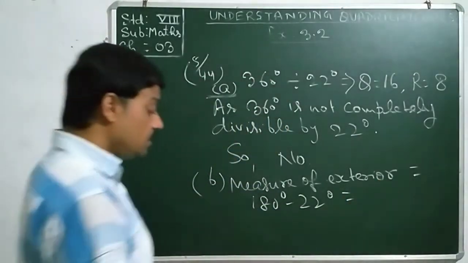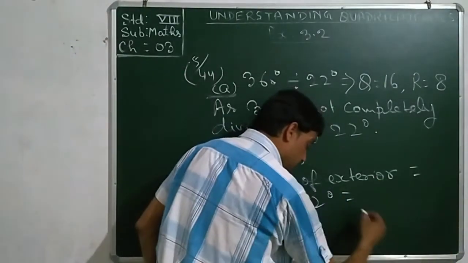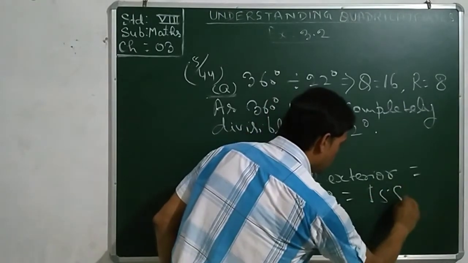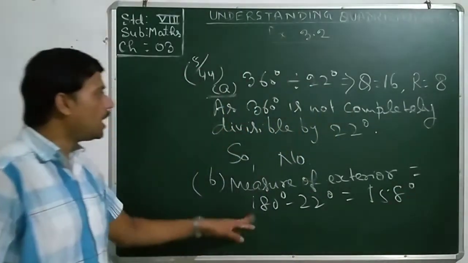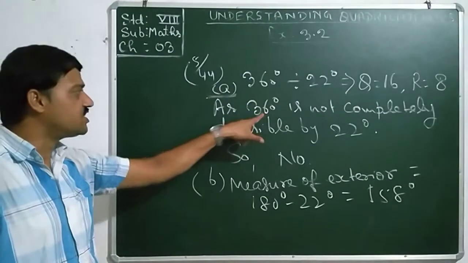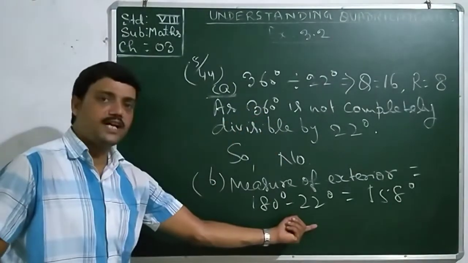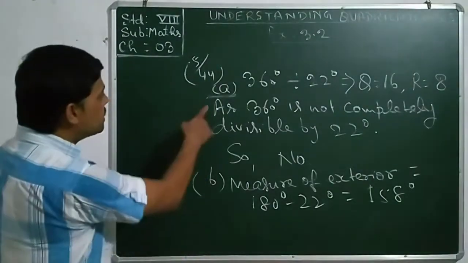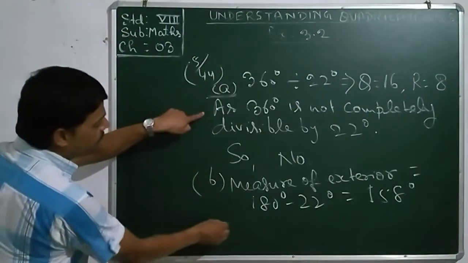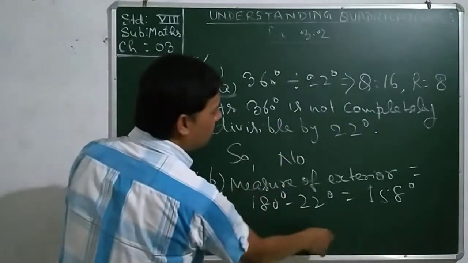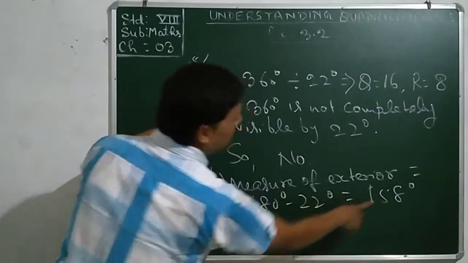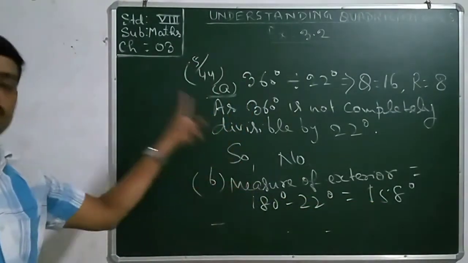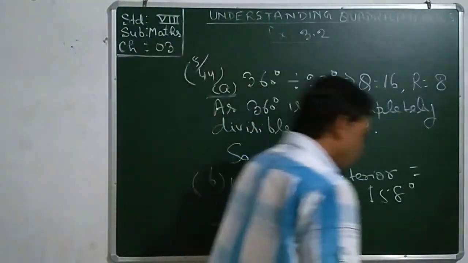Of course, it is 158 degree. And very similarly, find out, is 360 degree divisible by 158 degree? No. So you will use the same statement as I have used here, as 360 degree is not completely divisible by 158 degree. So this will also come to no.